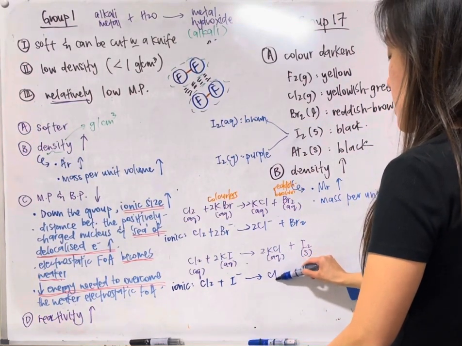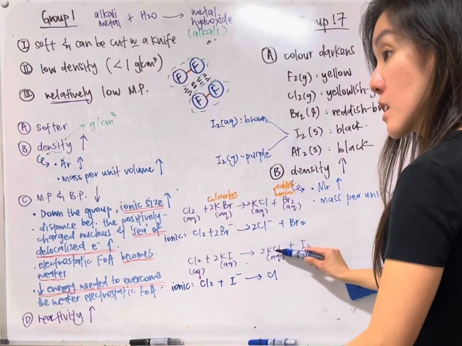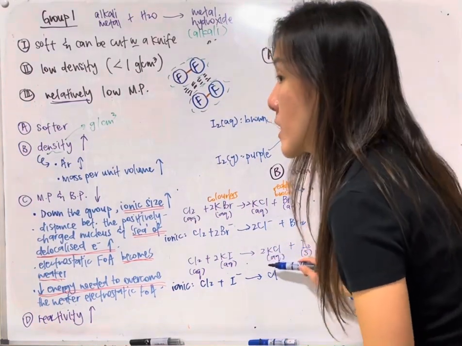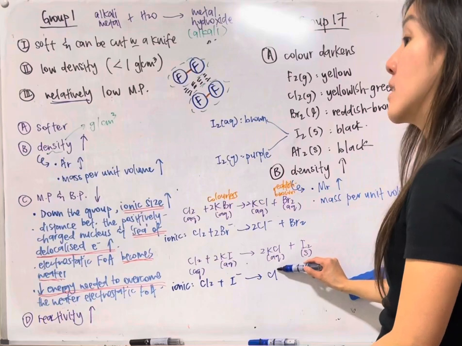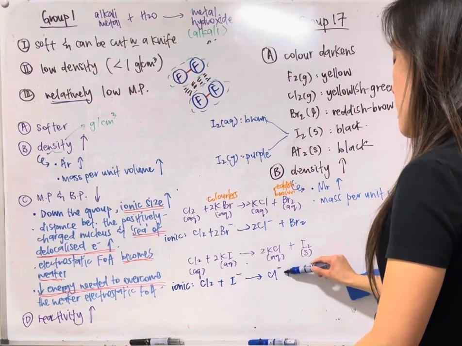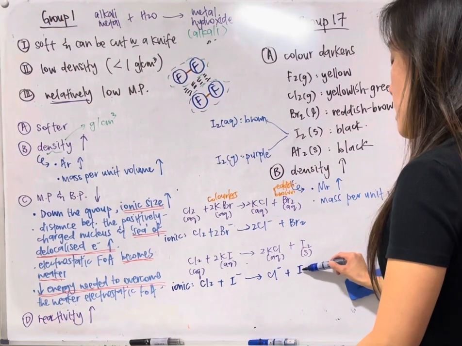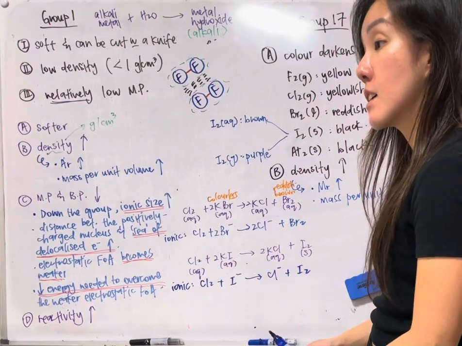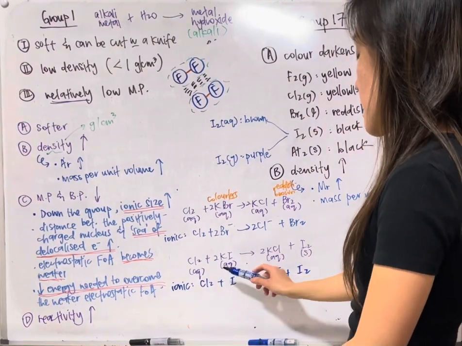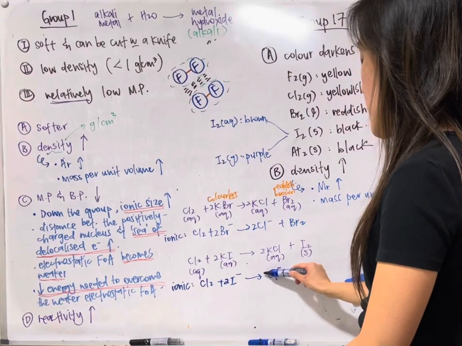Cl minus. Is this an ion? Is it in an ionic compound? Yes, right. So Cl minus and I2. Okay, is this balanced? No, right? So what do I write here? And then what do I write here?